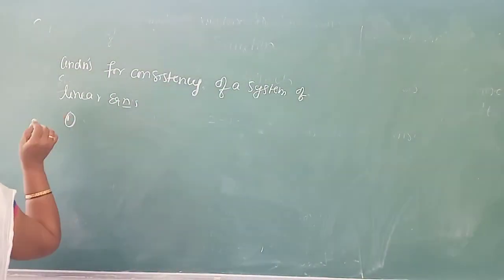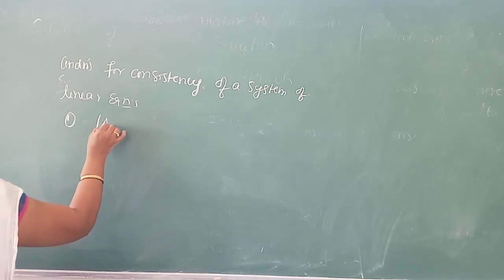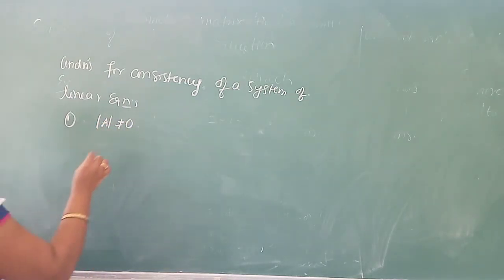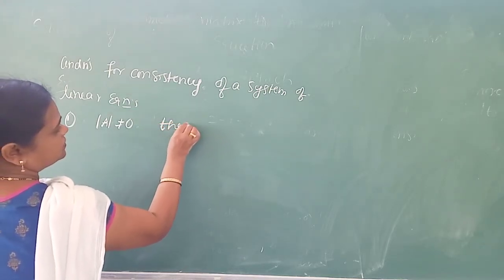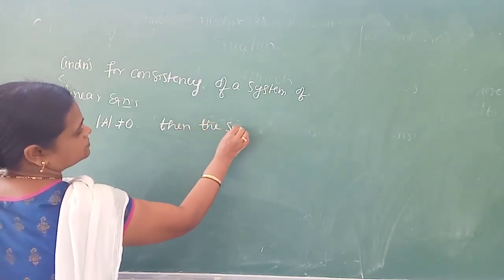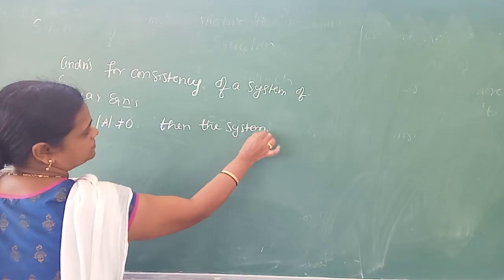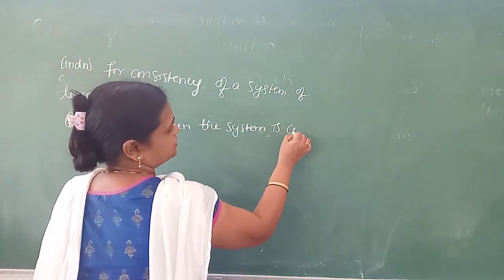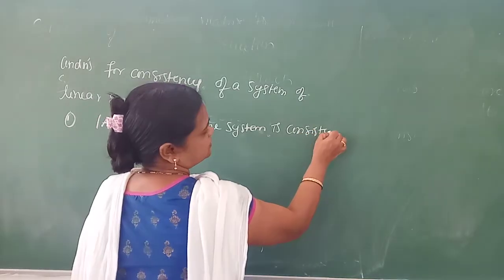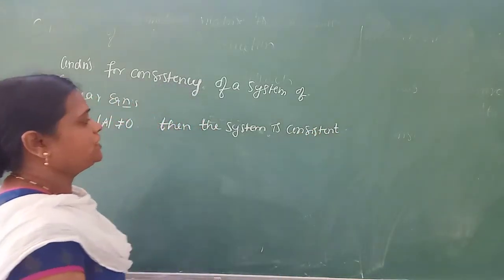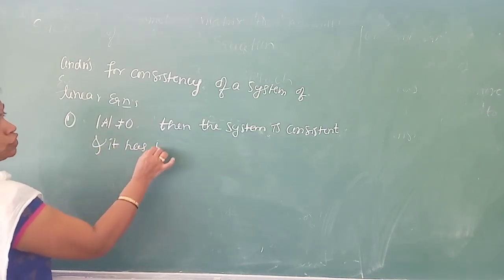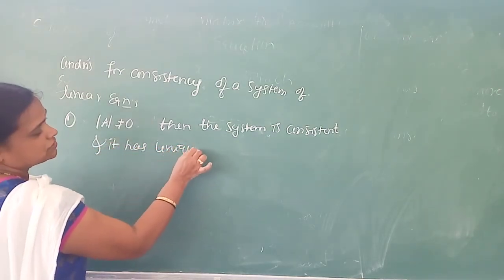First condition: determinant A not equal to 0, then the system is consistent and it has a unique solution.